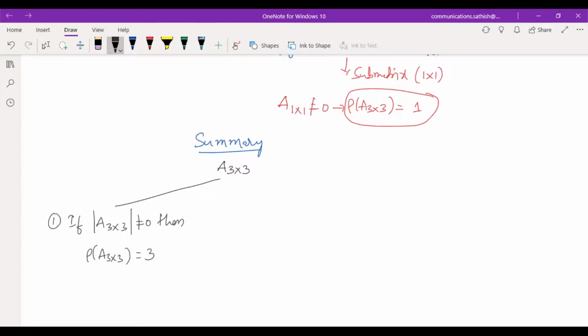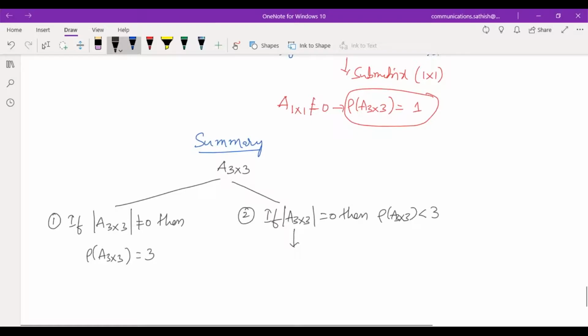Is it clear? Yes, sir. Next, if the third order determinant is equal to 0, then the rank of the third order matrix must be less than 3, or not?